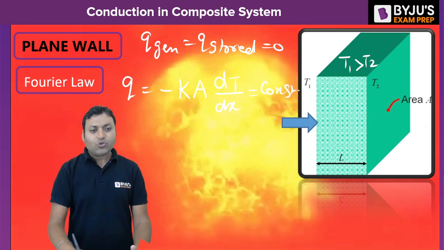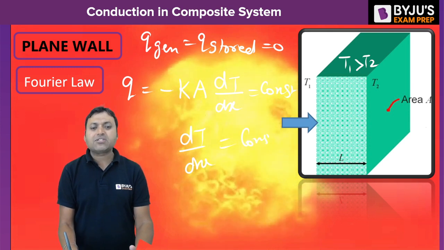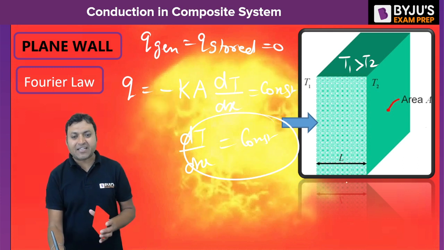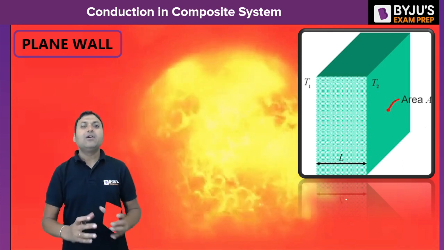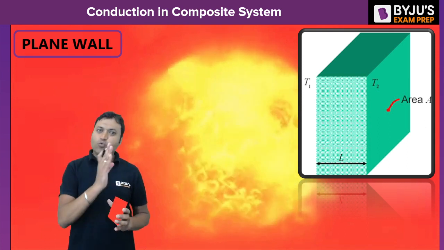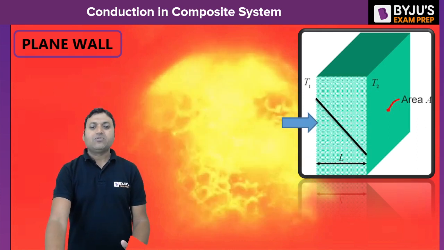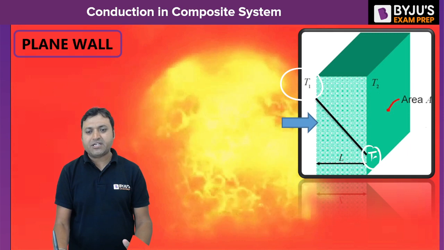All right. So from here we can say dT by dx will be constant, and when the temperature variation in the x direction, in the direction of heat flow, is constant, the temperature profile will be linear in the plane wall, when the conduction is one dimensional, steady state, with no heat generation. So the temperature profile, this is the higher temperature T1 and this is the lower temperature T2.